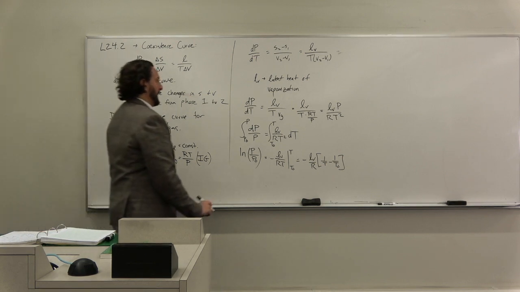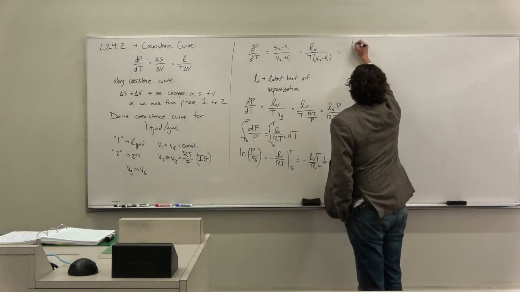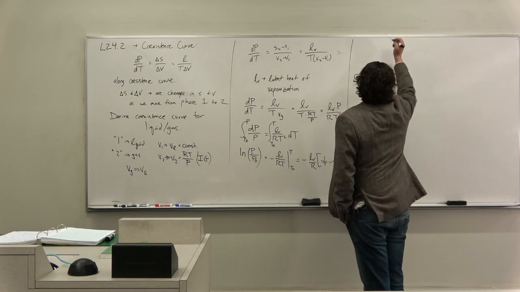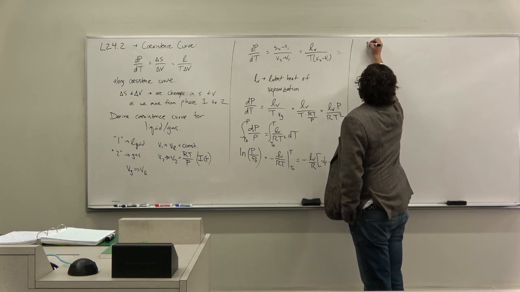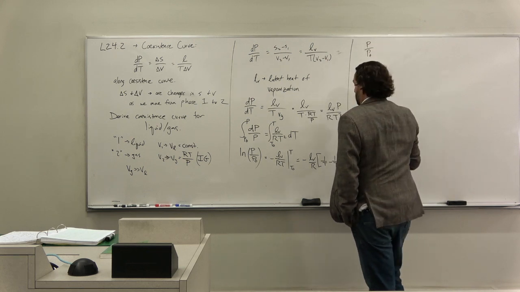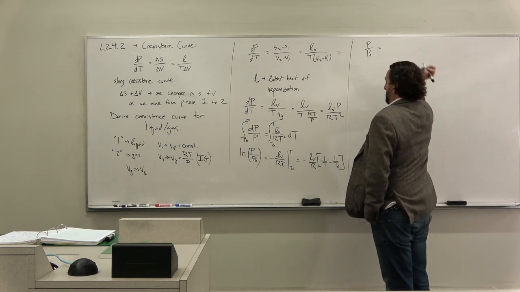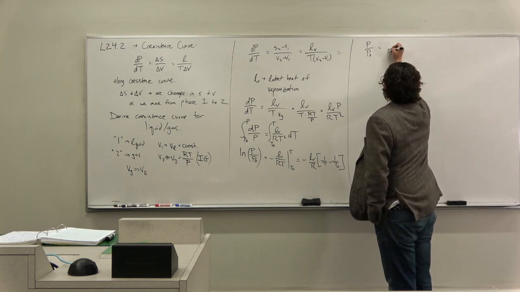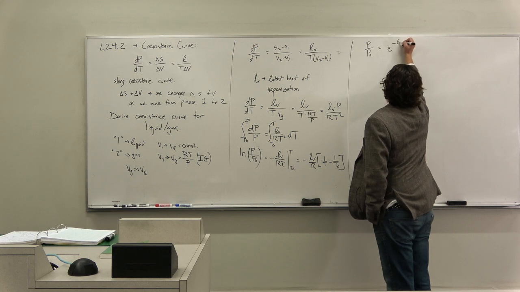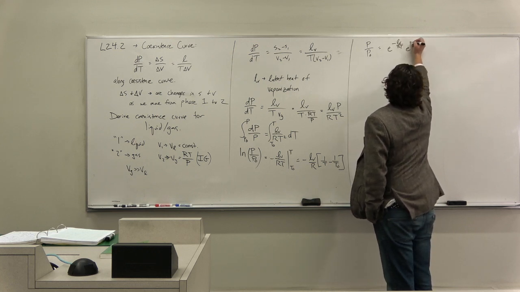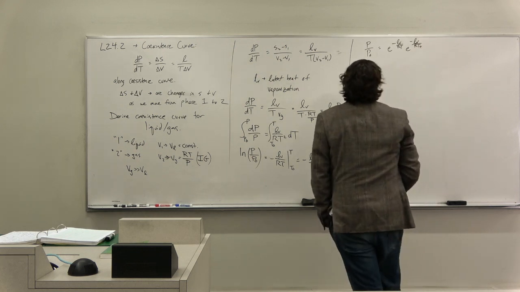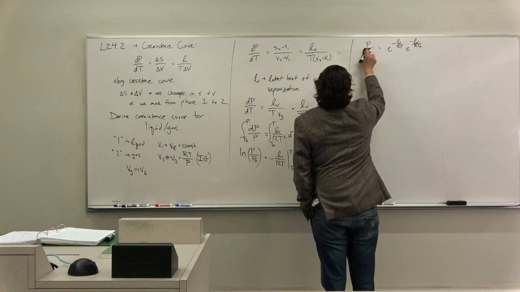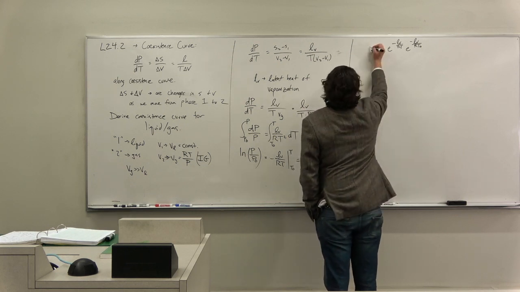Or take e to the power of both sides. So this is P over P0, which is e to the minus LV over RT, times e to the plus LV over RT0. Just put the P0 on the other side.